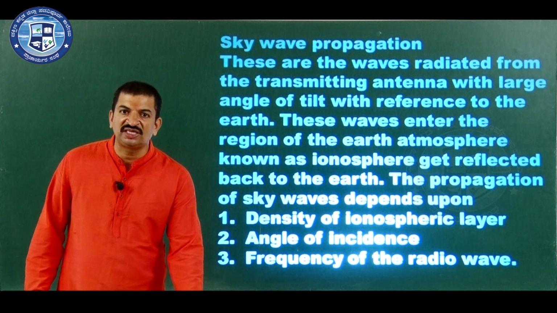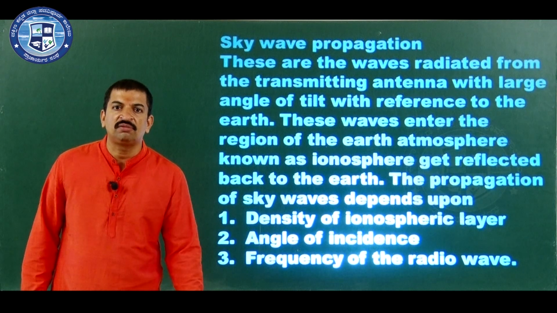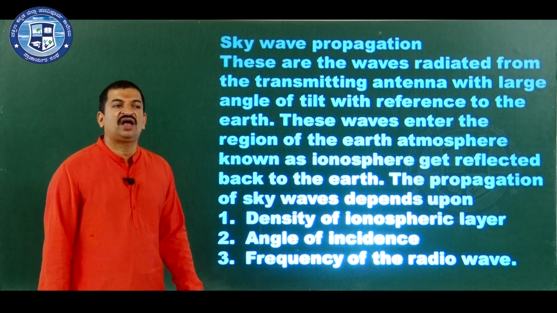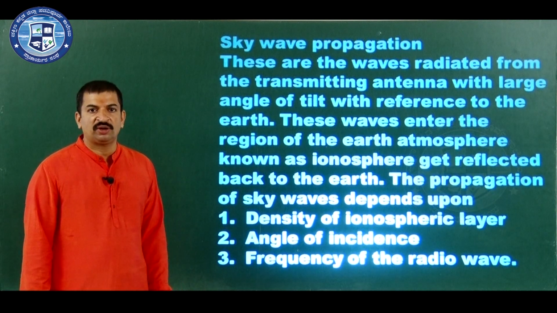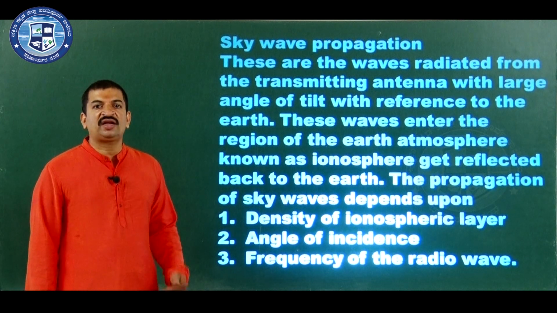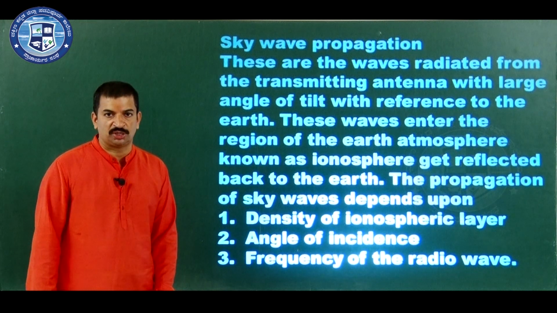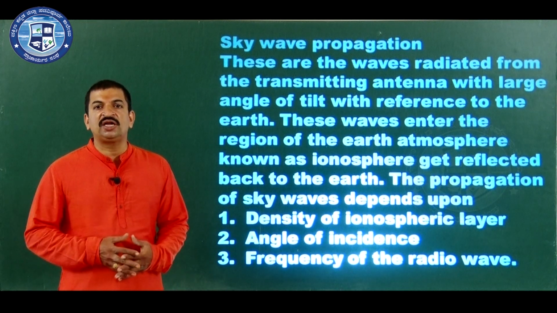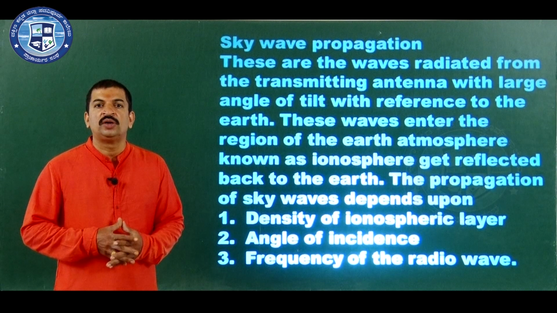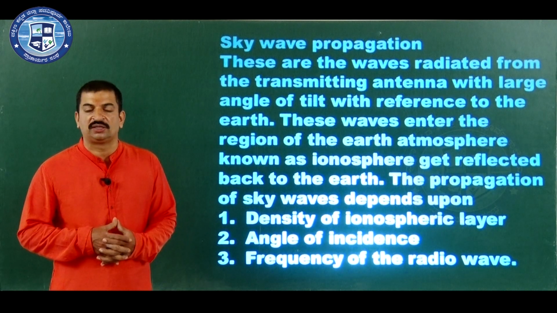Low frequency signals can be transmitted very easily with the help of the sky wave, because low frequency signals get reflected back to the Earth very easily compared to high frequency signals. High frequency signals find it very difficult to be reflected back to the Earth.